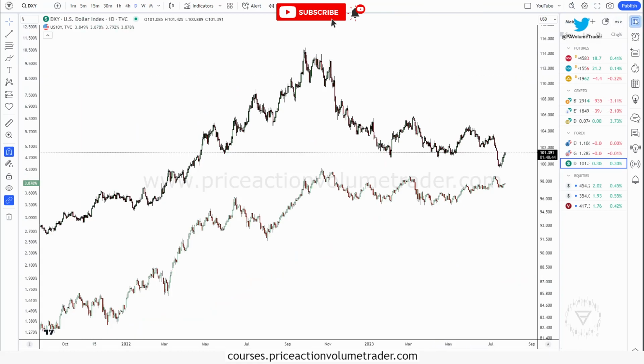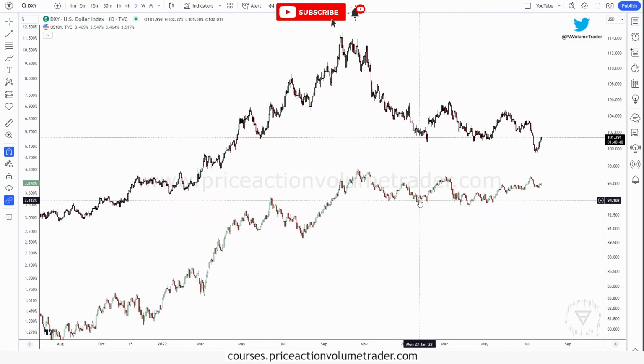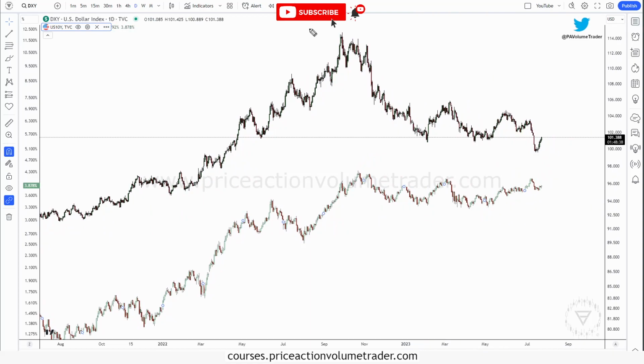Then if we compare the dollar index with US Treasury bonds, such as we have here the 10-year notes against the DXY, in this case, usually a stronger dollar means a stronger bond market because of good demand for US dollars in order to buy US Treasury bonds. Okay.